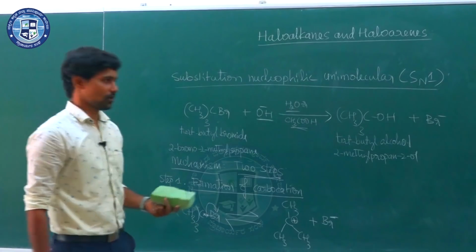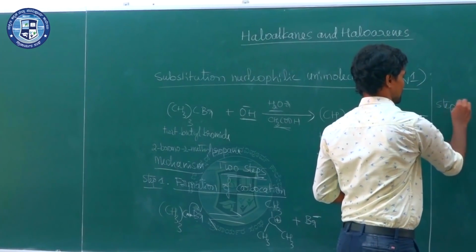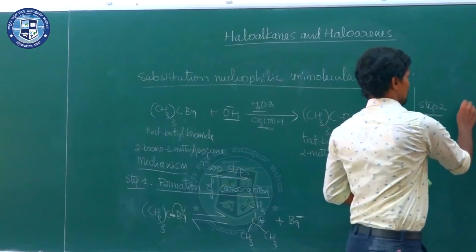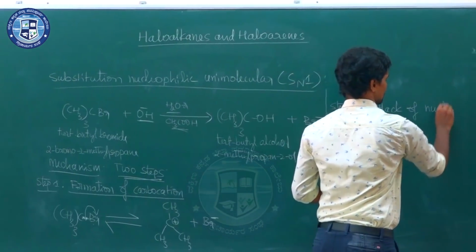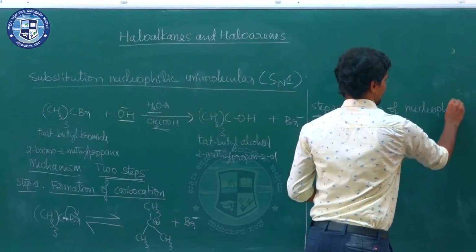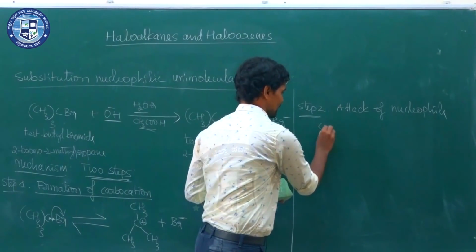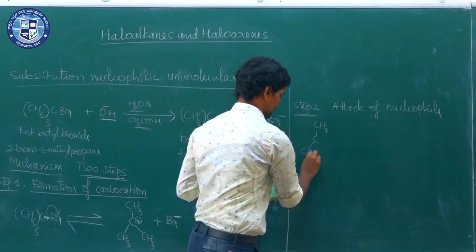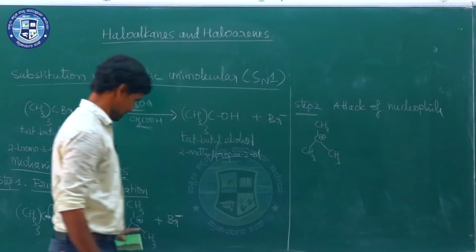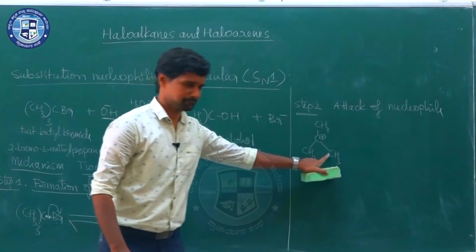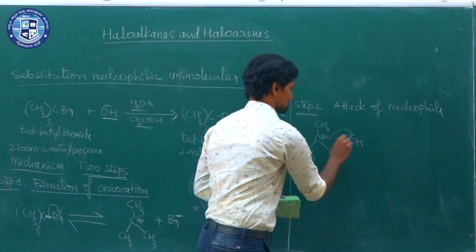We will go for step 2 now. Step 2, attack of nucleophile. In the second step, the nucleophile attacks the carbocation which is formed in the first step. So you write the carbocation you got in the first step as it is, and to that the nucleophile attacks.